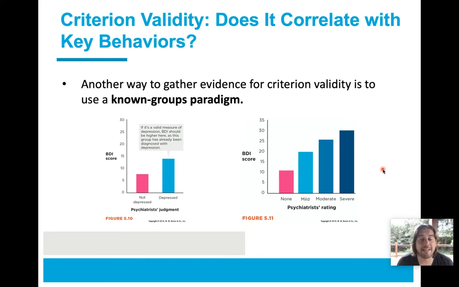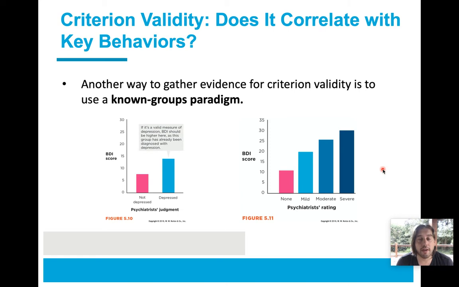There's another way we can test for criterion validity. We can look at what's known as a known groups paradigm. So in this example, I want to validate a measurement of depression. I am a researcher who studies mental health, and I want to develop a new measurement of depression.